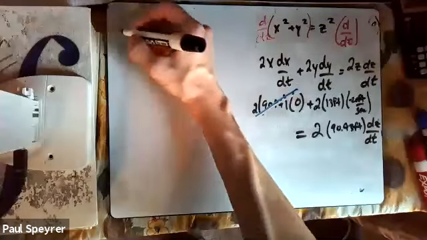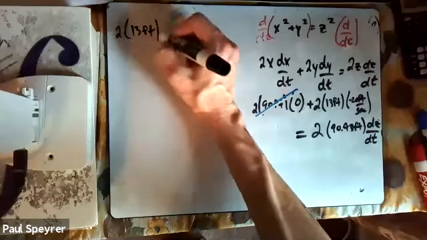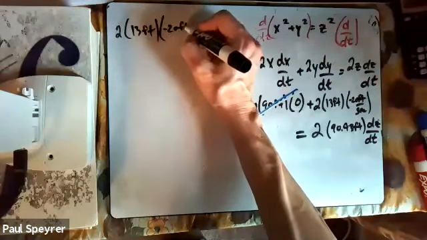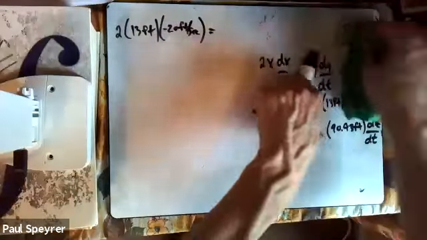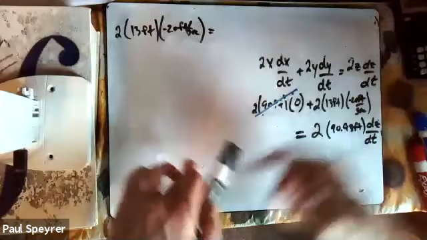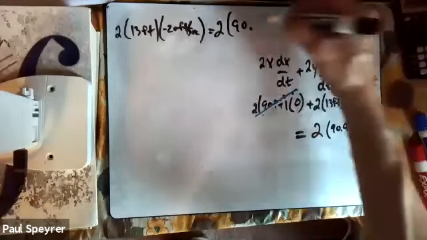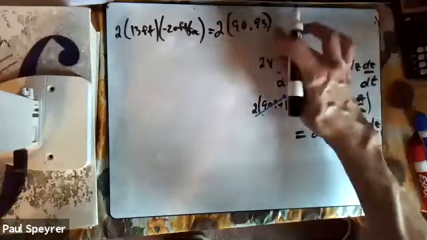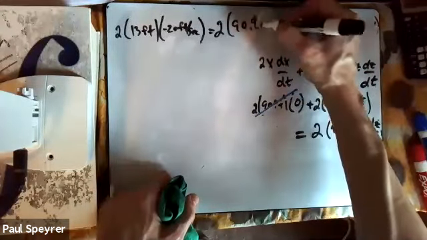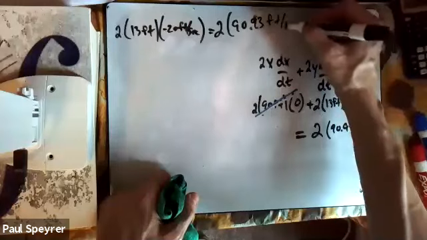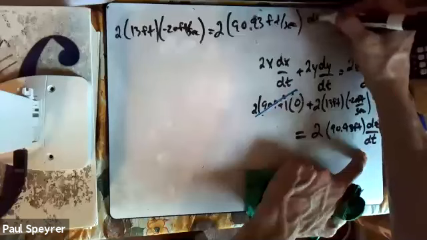So you're left with 2 times 13 feet times negative 20 feet per second equals 2 times 90.93 feet, and then times dz dt.